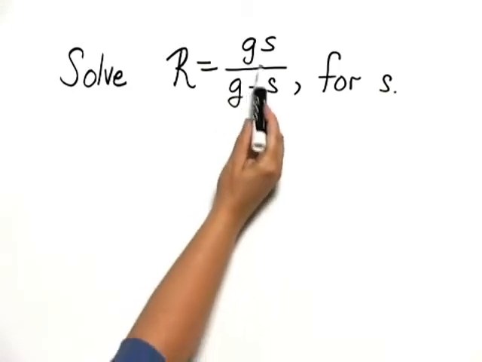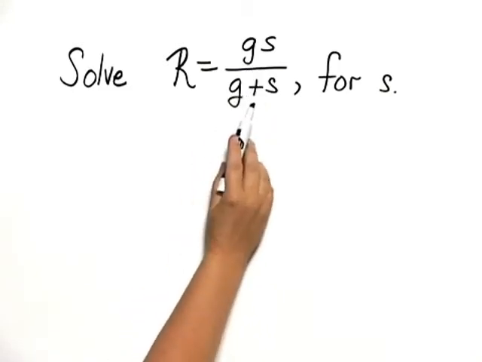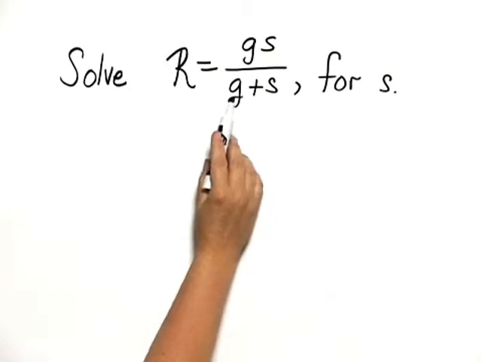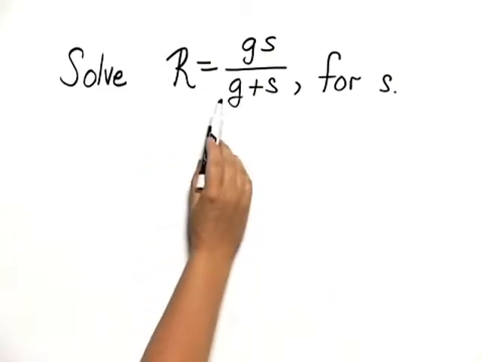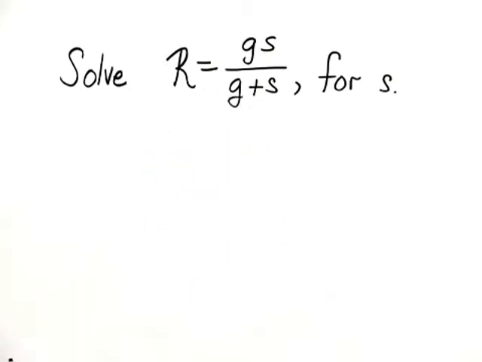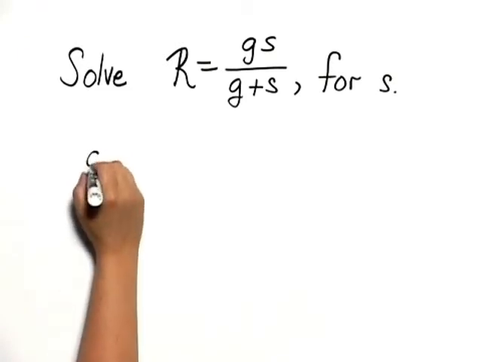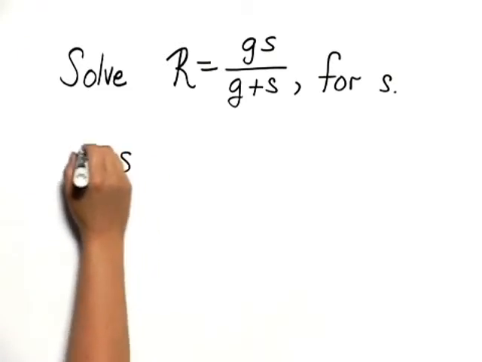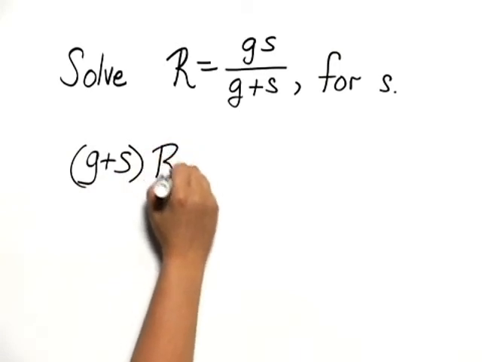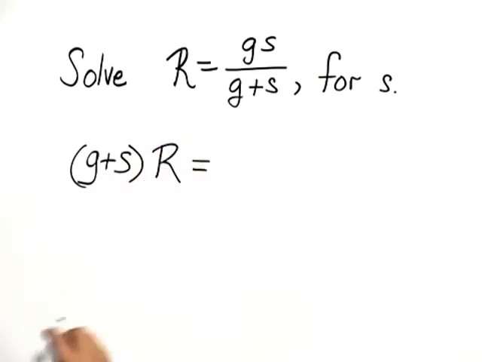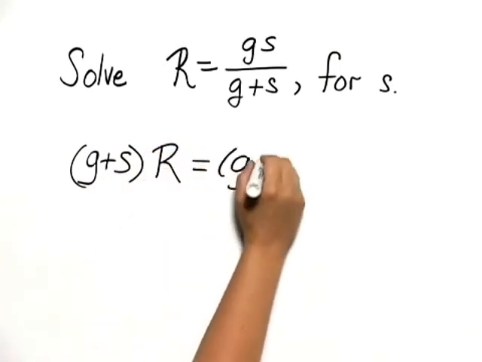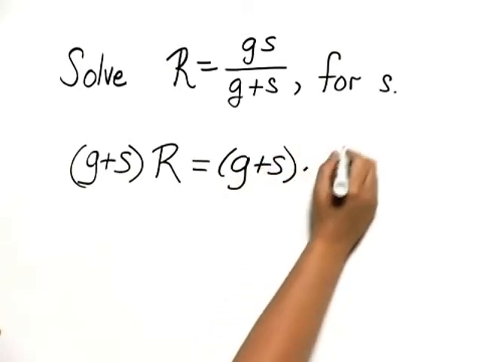Since I have a rational expression, I'm first going to clear fractions by multiplying both sides of the equation by the denominator, g plus s. So I multiply g plus s times r, and then I multiply the other side of the equation by g plus s.